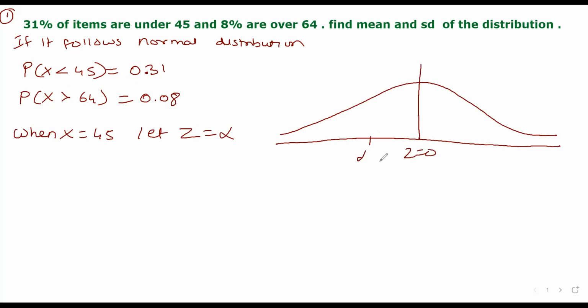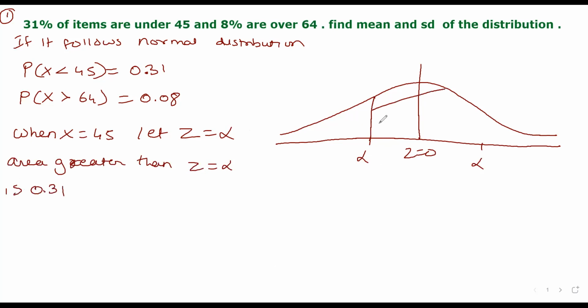Alpha can be here or alpha can be here. If alpha is here, then the area greater than z equals alpha is 0.31.